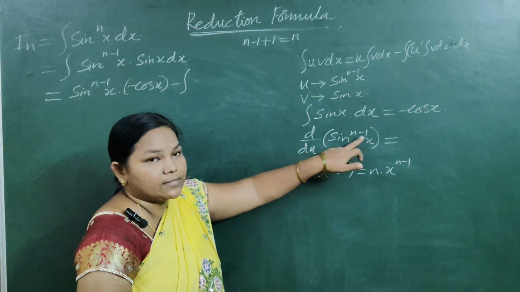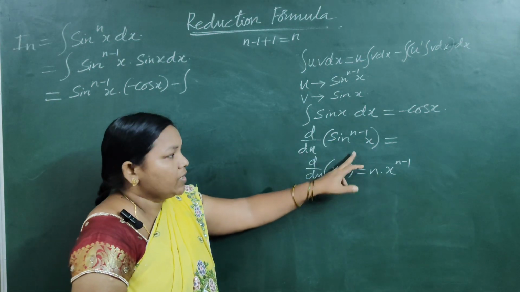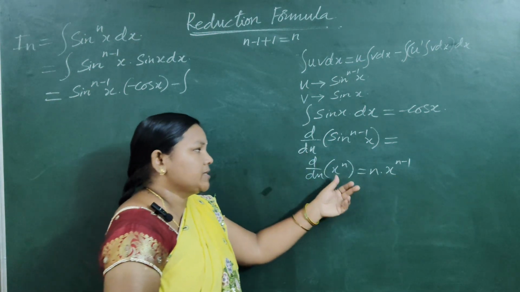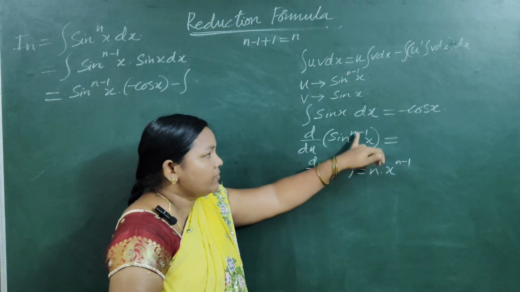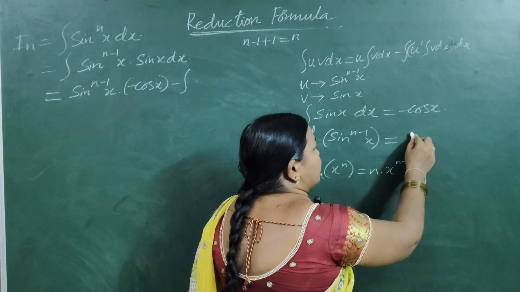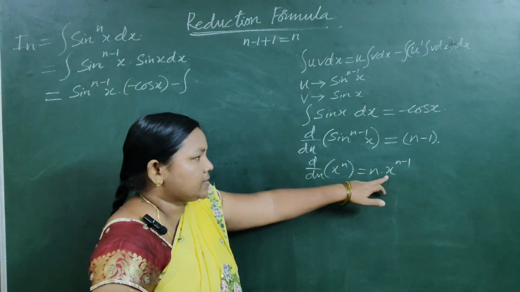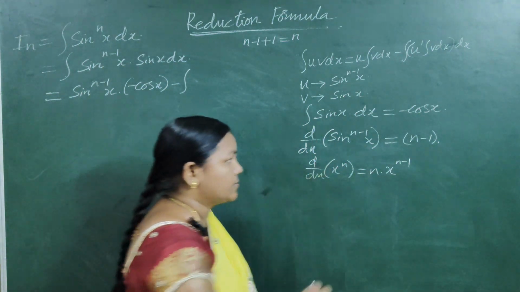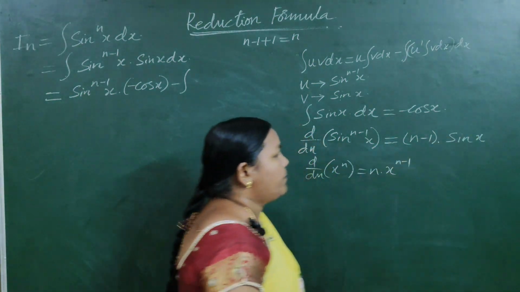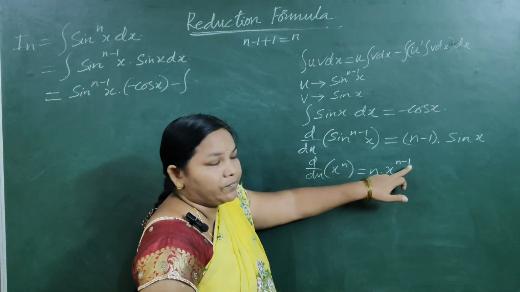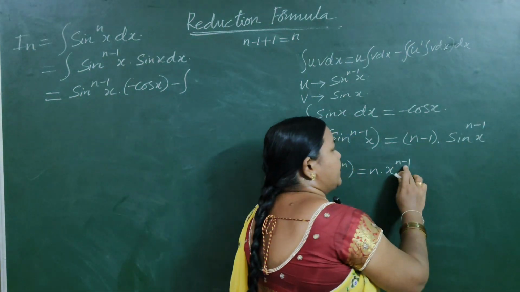Here the n value is n minus 1 and the x value is sine x. By using this x power n formula, we can solve this. That is n minus 1 into sine x, power n minus 1 minus 1.